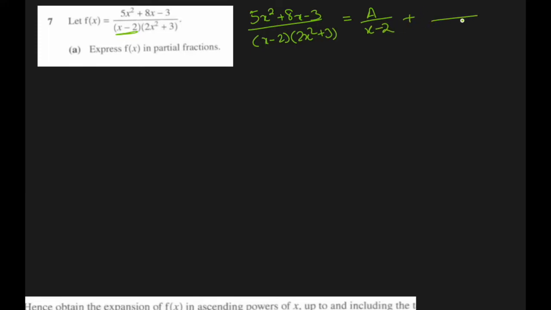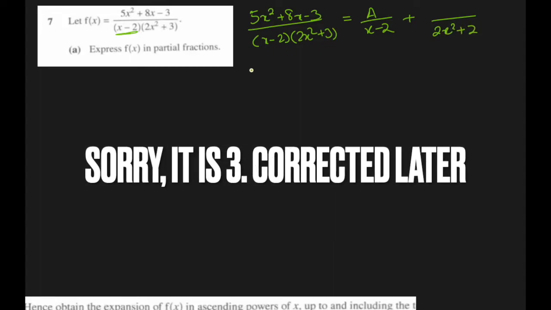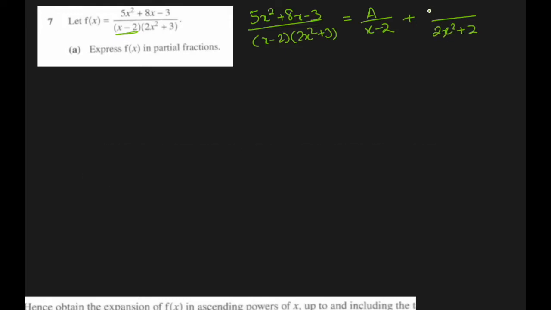plus, the second factor is 2x squared plus 3. Since it's a quadratic denominator, we have to write a linear term on top. So we can write here Bx plus C, and we have to find A, B and C so that we can write this as partial fractions. So the left side remains the same, but on the right side the LCM is x minus 2 times 2x squared plus 3.